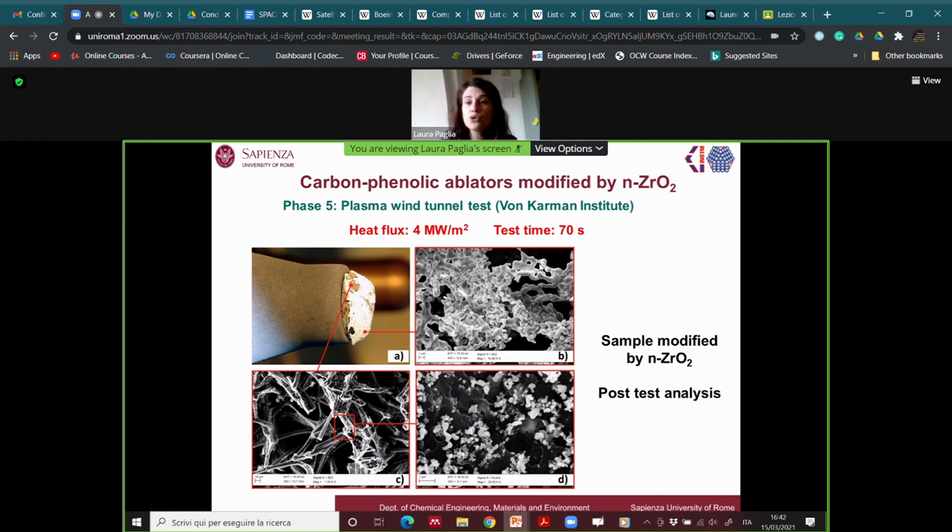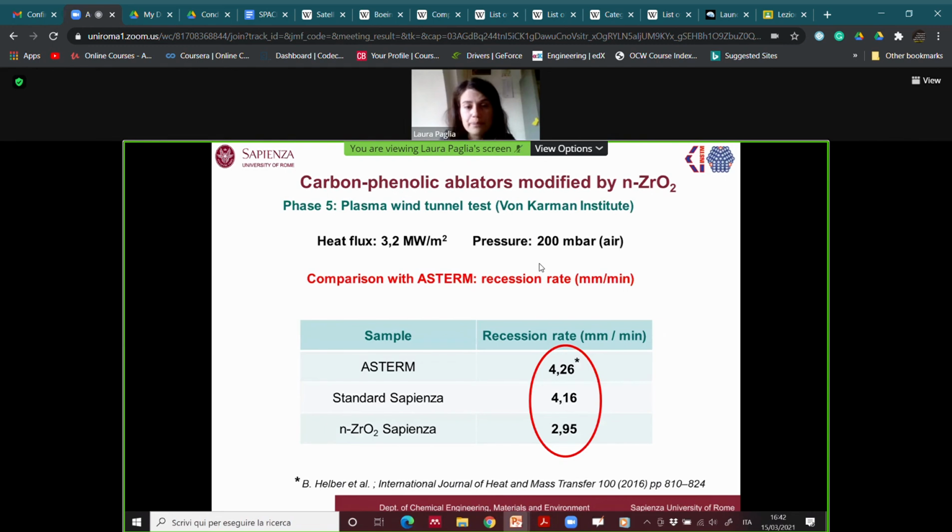We tried also to improve the distribution of the nanoparticles thanks to some surface modification of the nanoparticles, the functionalization. But I think that you studied this functionalization of nanoparticles when you studied nanocomposite material.